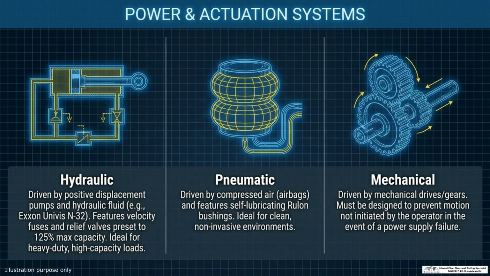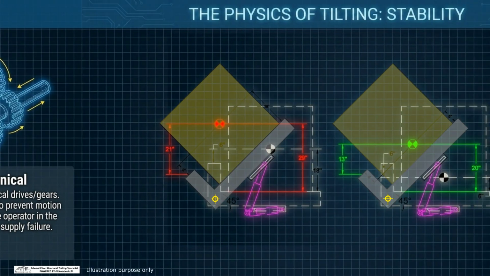Pneumatic systems use compressed air and airbags. Self-lubricating, clean, non-invasive. Ideal for food-grade or pharmaceutical environments. Mechanical systems use drives and gears, but they carry a critical design requirement. They must prevent unintended movement if power is lost. That is not optional. It is engineered in.